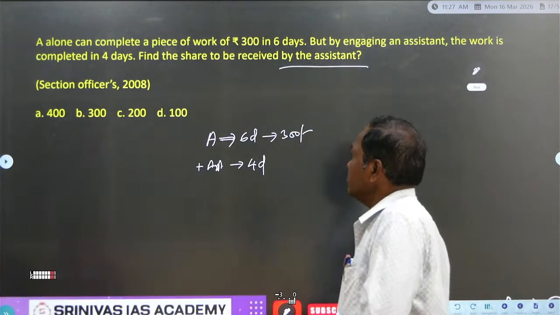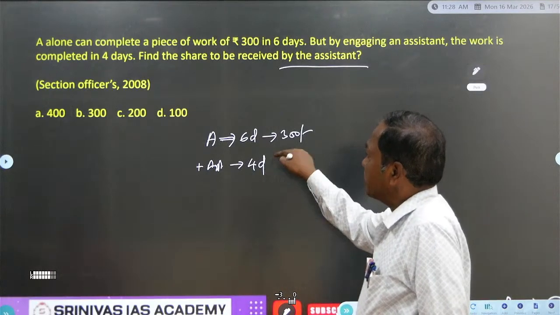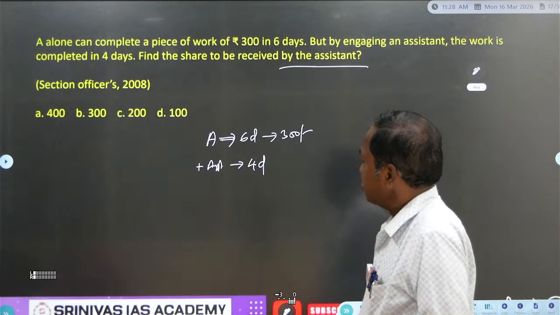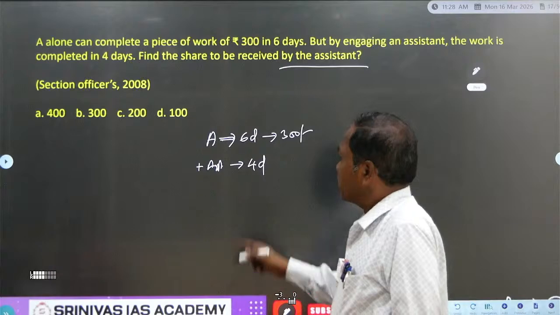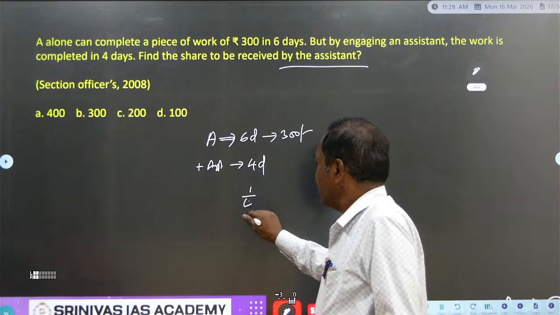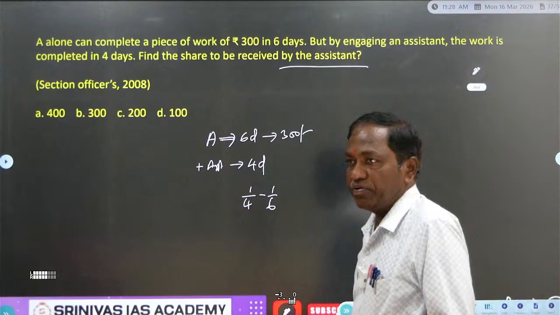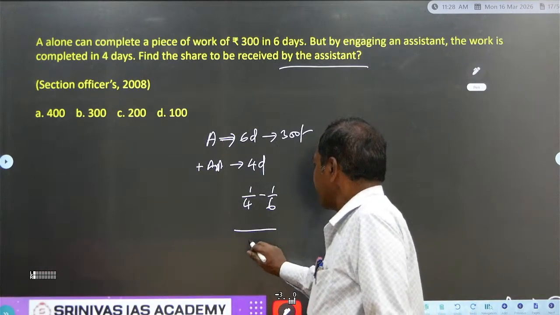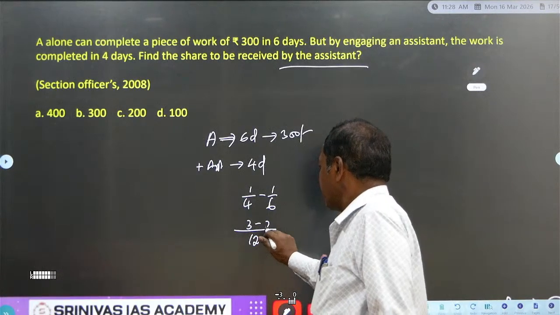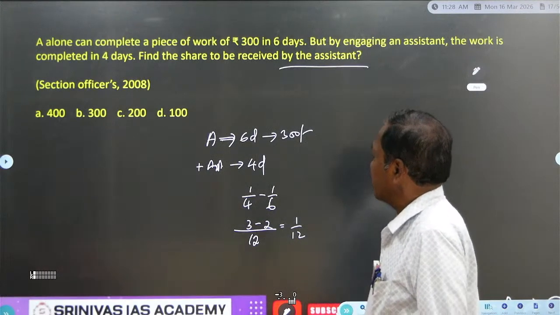So A's work is given, the amount is also given. With the help of the assistant, he finished the work in 4 days. Both of them work together for 4 days. So 1 by 4 minus 1 by 6, the assistant's work will be known. What is the LCM? 12. This is 3 minus 2, 1 by 12. The assistant's work is 1 by 12.